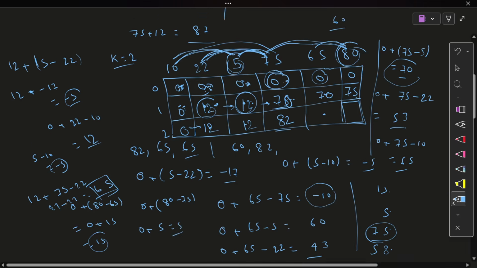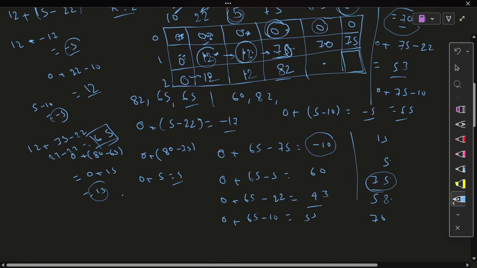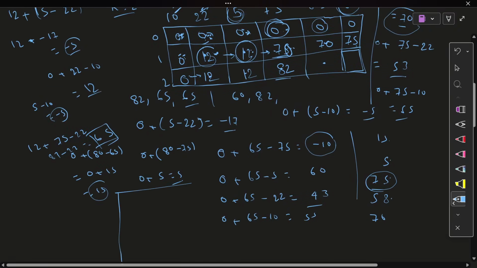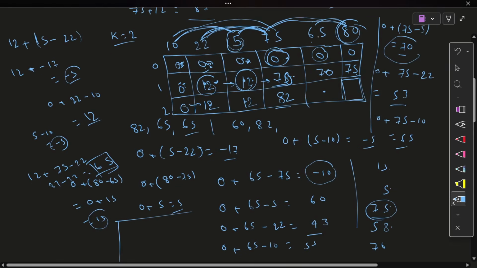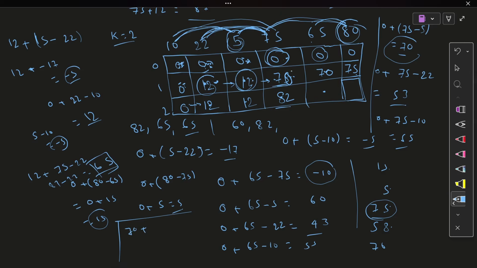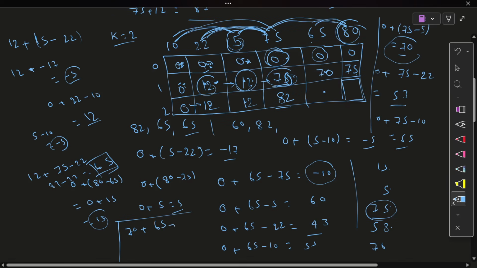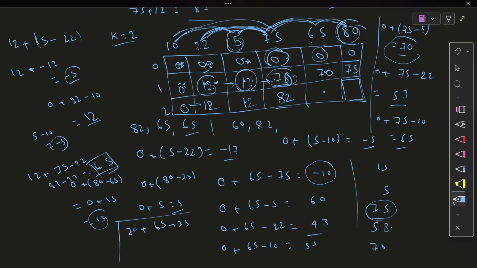Here you can do the transaction. For here, the first step you will get from this one: 70 plus 65 minus 75. Okay, one transaction. Here one transaction plus one transaction.